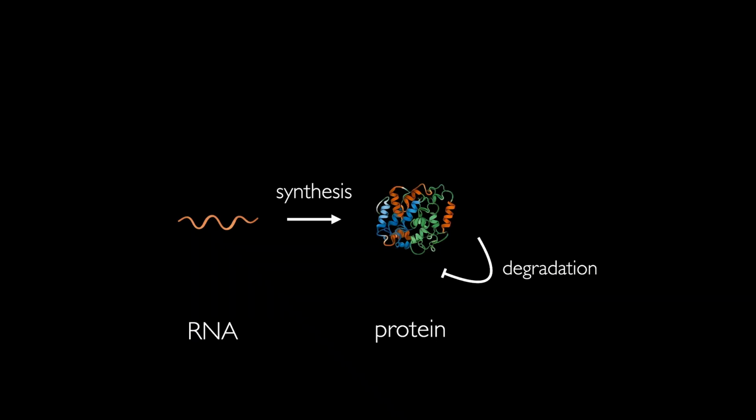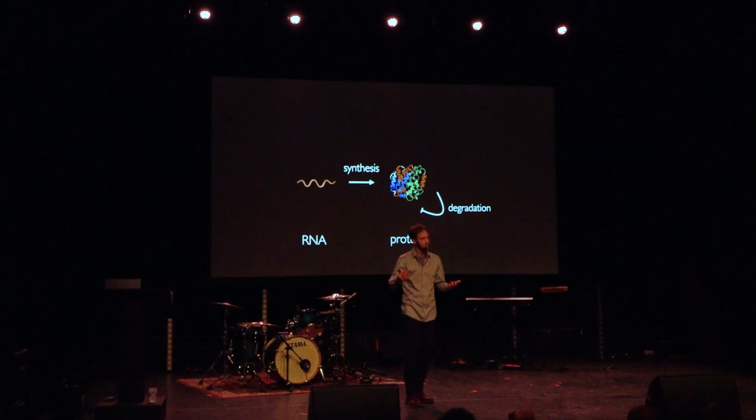So that is made continuously, and as soon as you have a lot of that protein or that enzyme, then it triggers cell division. At that point, it also does something else. It triggers cell division, but at the same time, it also activates the machinery that degrades itself. So this is called a negative feedback loop, and this is how this clock works. Basically, you synthesize the protein, it leads to cell division, and then it leads to its own degradation, it's reset, and this is the whole clock.